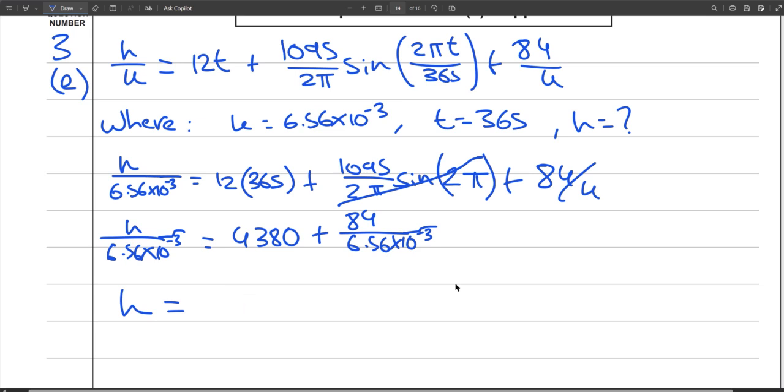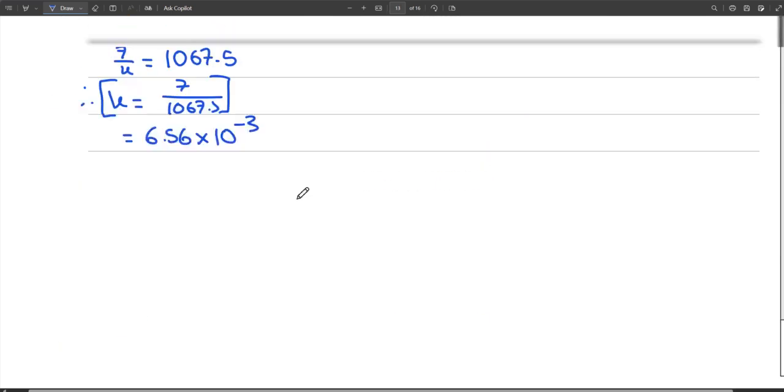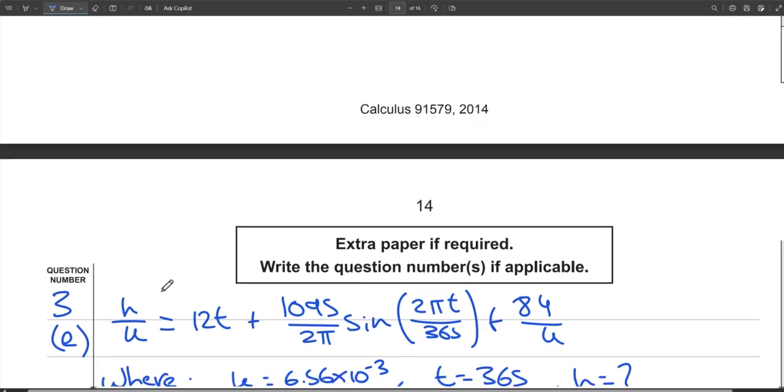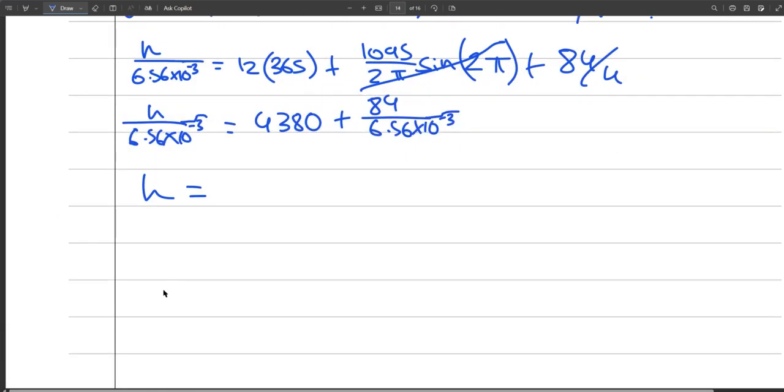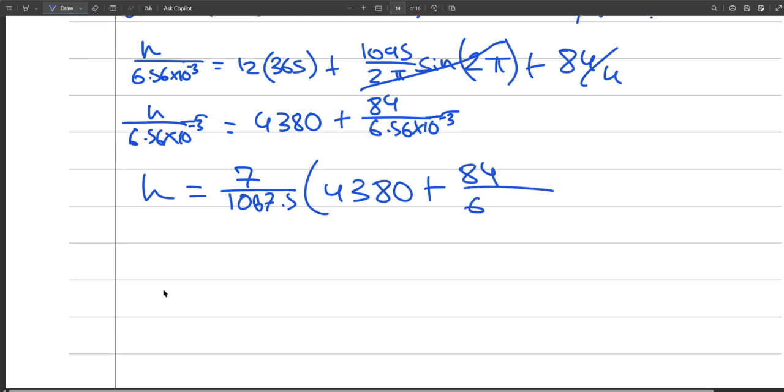Actually, I'll use a more accurate version, which was 7 on 1067.5, bracket 4380 plus 84 on 6.56 times 10 to the minus 3.